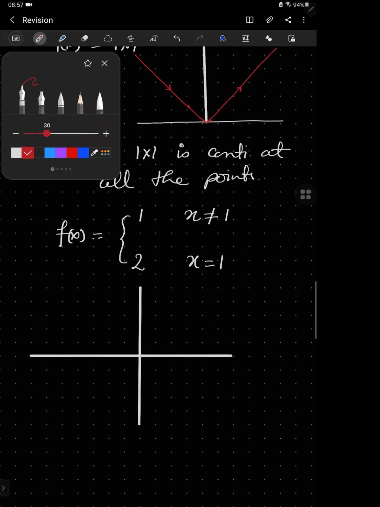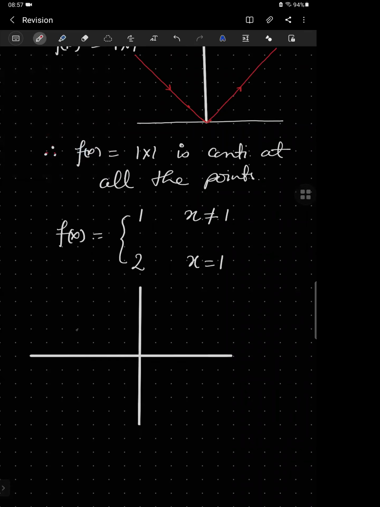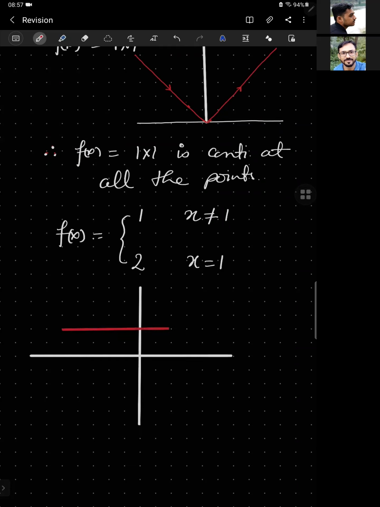At x equals to 1, it is 2. Over here, a hollow ball will come.